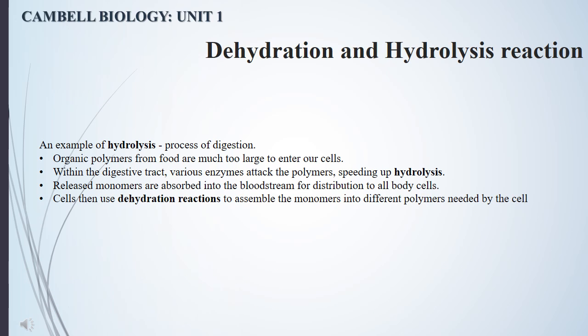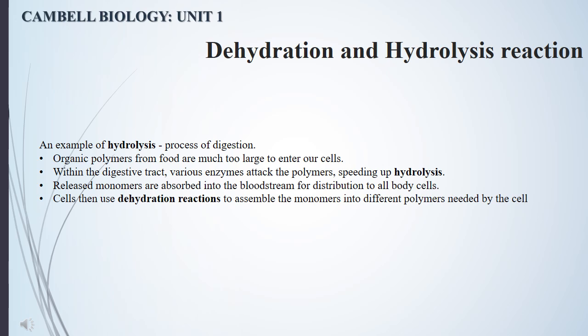So now let's consider an applicable example of hydrolysis, for example, in a digestive system. An organic polymer from food enters the digestive system, but as such it is way too large to enter the cells.